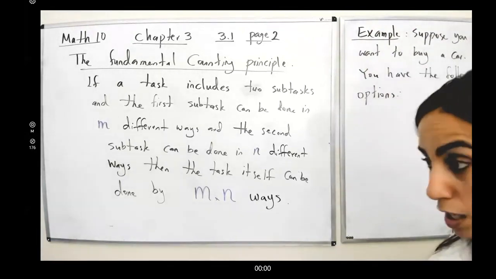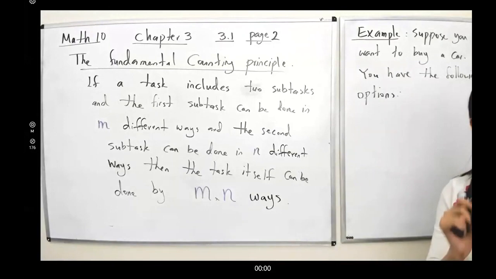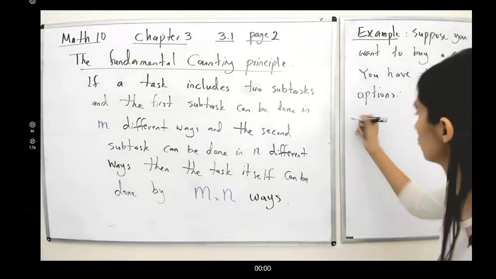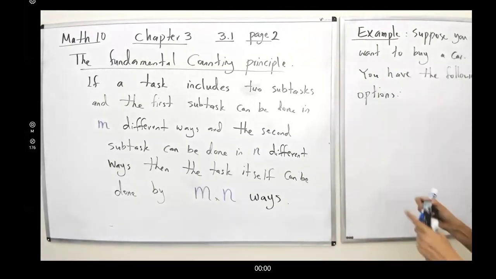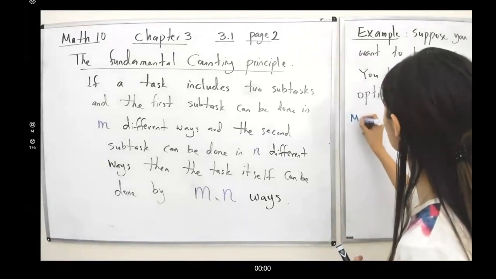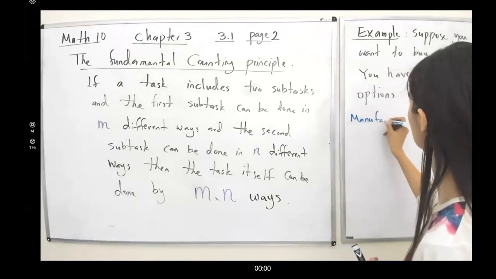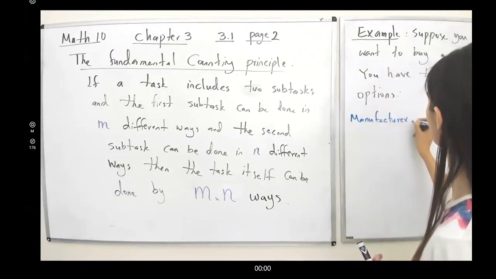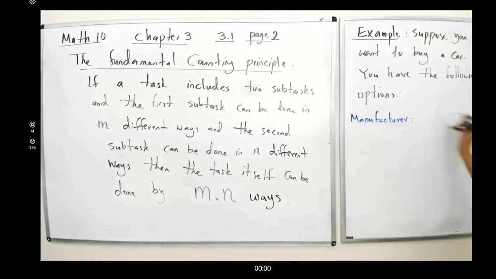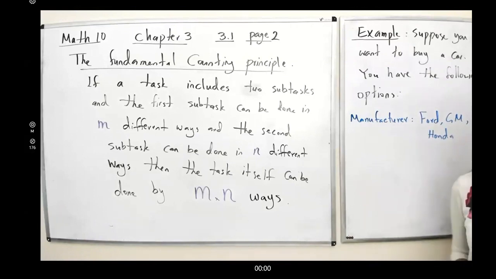First of all, you have 3 different manufacturers. The first manufacturer is Ford, the second one is General Motors, and the other one is Honda. You're interested in purchasing either a Ford or GM or Honda.